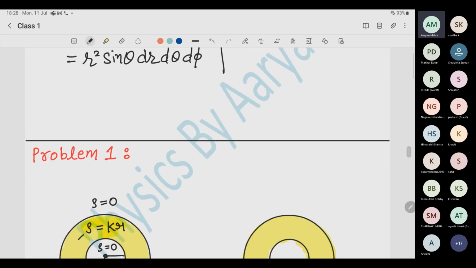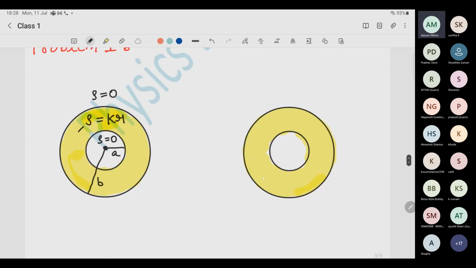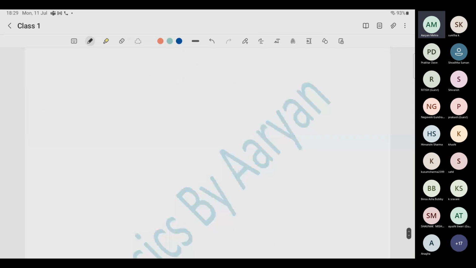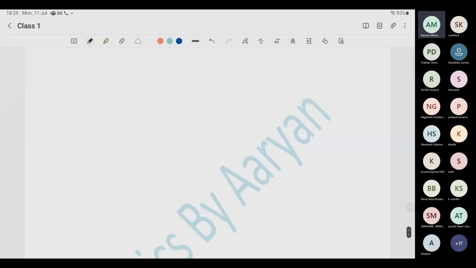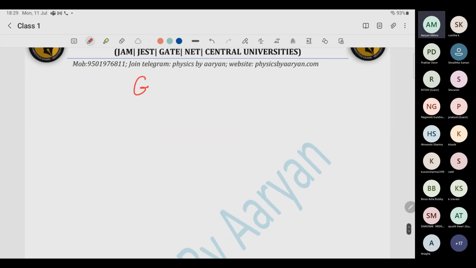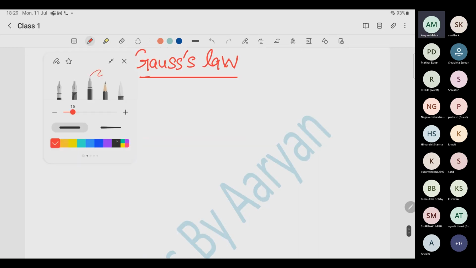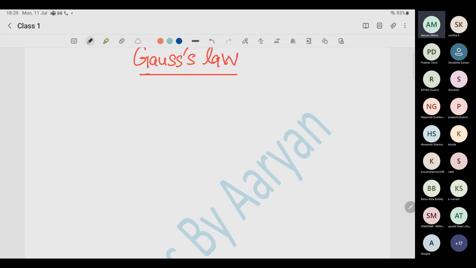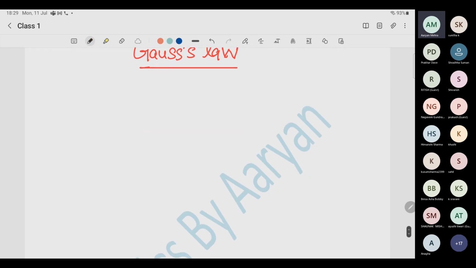With this information, let's go ahead so that I can explain very briefly what Gauss law is, and then we can immediately come to the application of these coordinate systems. Gauss's law, a very beautiful law in electrostatics. In the last few years in the JAM exam, one question on Gauss law is fixed and the question is becoming harder and harder.